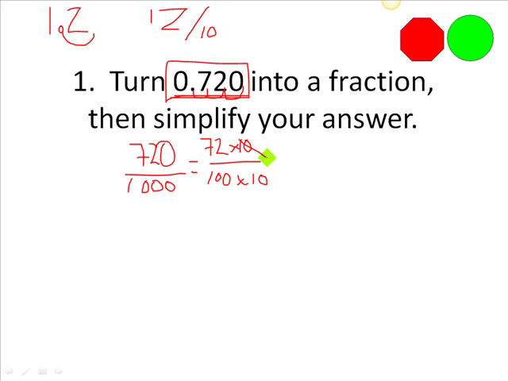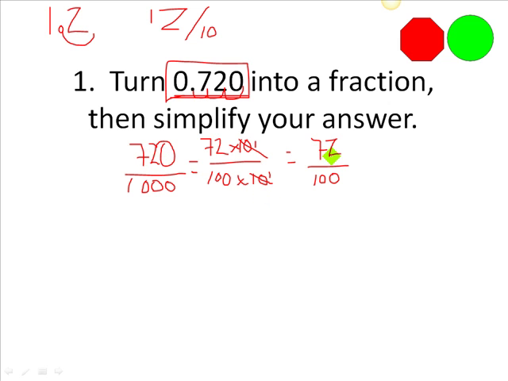I have a 10 in the numerator and a 10 in the denominator, so I can cancel them. They just become 1. And so I now have 72 over 100. And that's an equivalent fraction to 720 over 1,000.